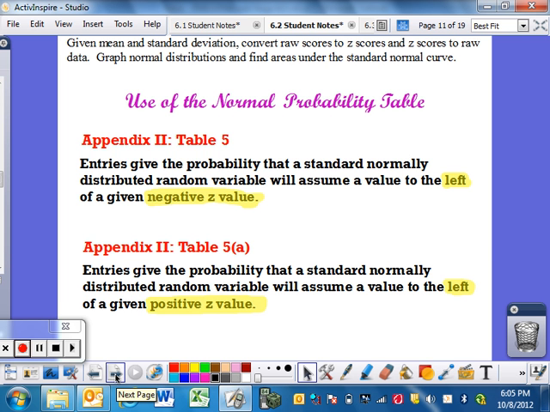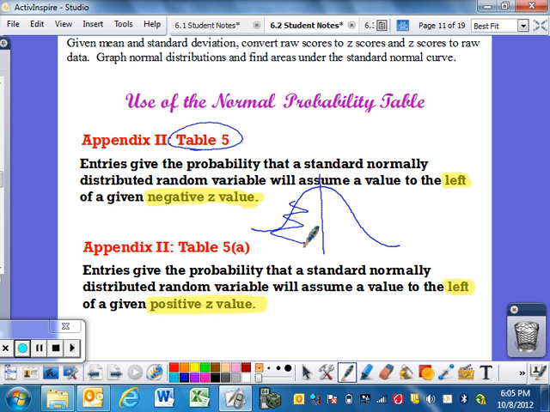Okay, so here's how this works. Entries are probability, standard normal, and we get a negative sign. So if I look at a normal curve, if it's negative to the left, that's table 5, you'll have negative signs in there, and we're going to be somewhere on this side. And what this means is wherever you're at, however many standard deviations you're at, we are going to get the probability that's to the left. I cannot emphasize that enough.